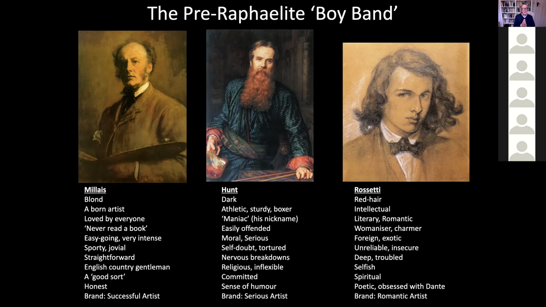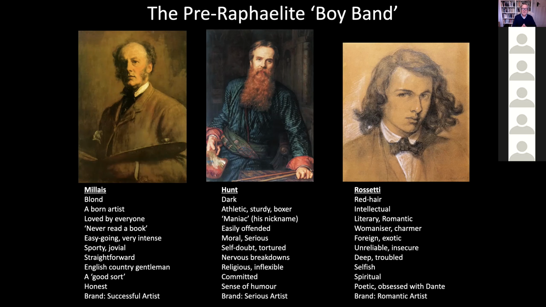And as a final way of looking at them, let's think about them as a brand and think about why would a patron, why would somebody buy one of their paintings? You'd buy Millais's paintings because he was definitely going somewhere. He was a child prodigy. He became an associate of the Royal Academy at the earliest age and an academician and so on.